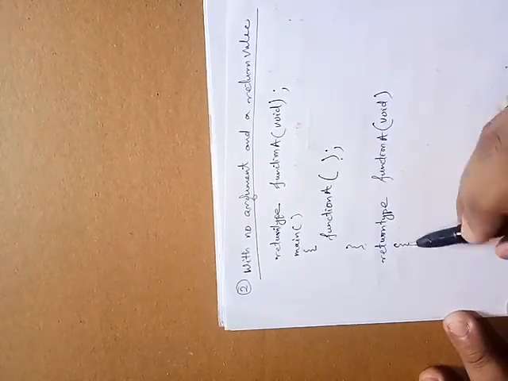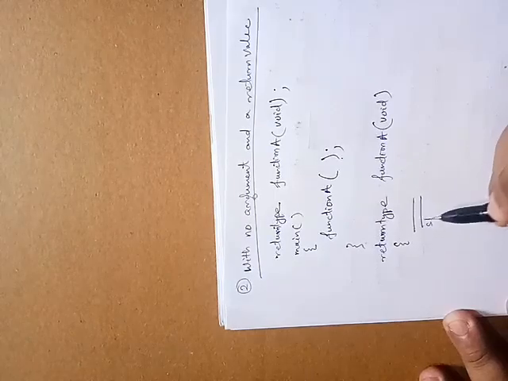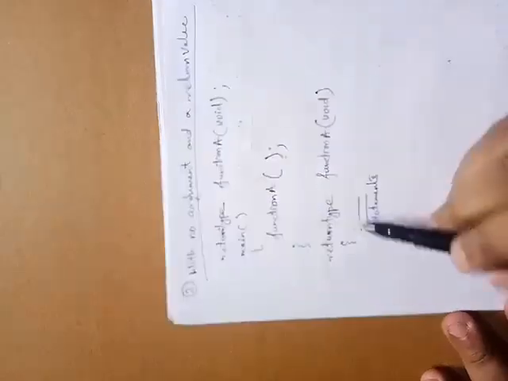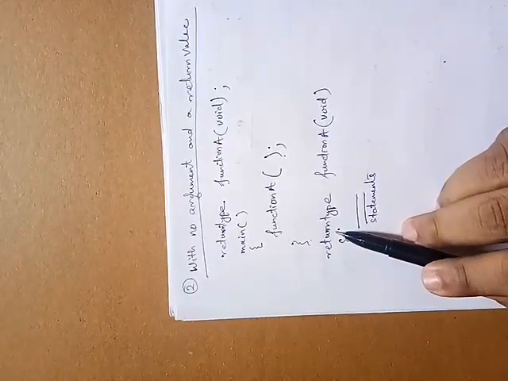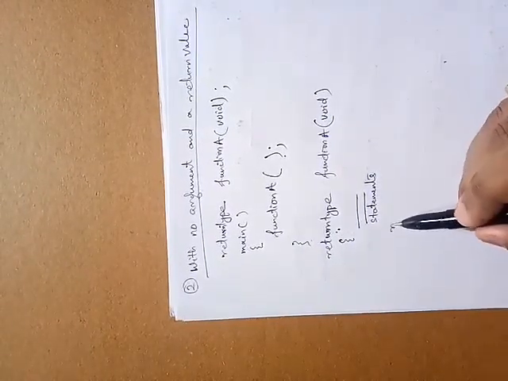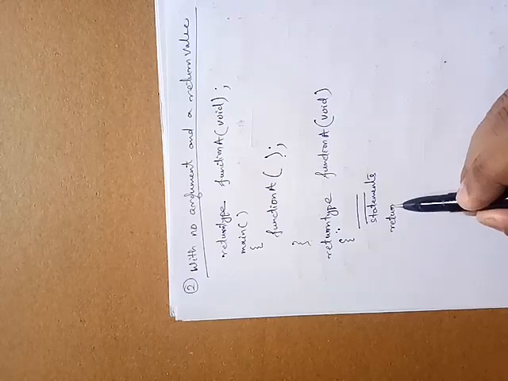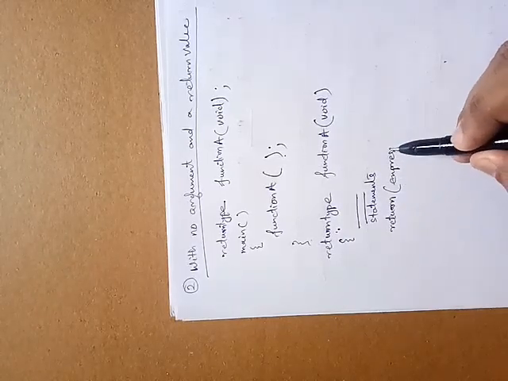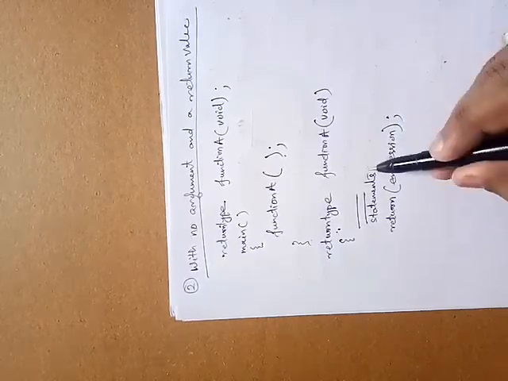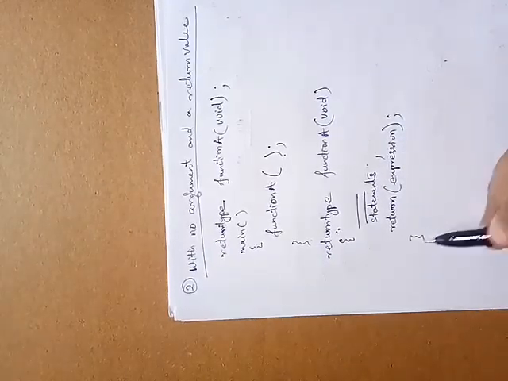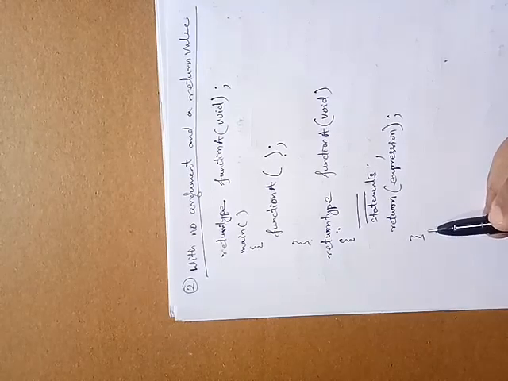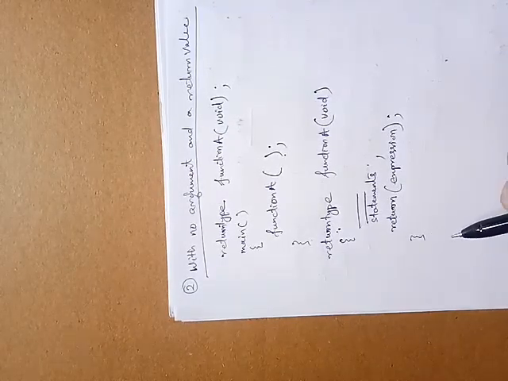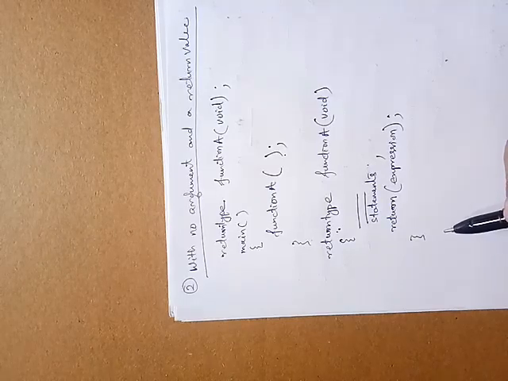Under this we can have a number of statements, and because we have written the return type, there will be a return value, so you have to write the return statement, return with some expression. So this is the syntax for function with no argument and a return value.